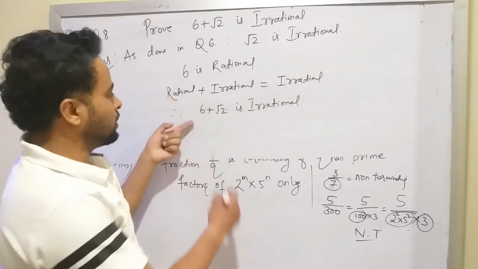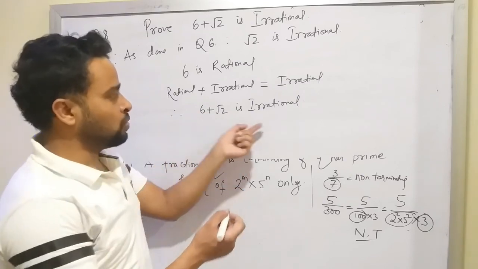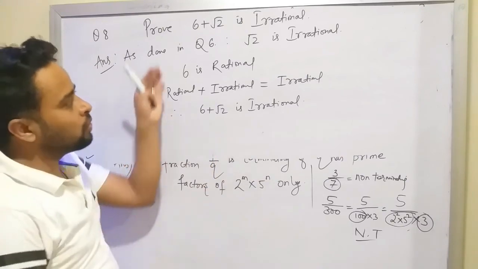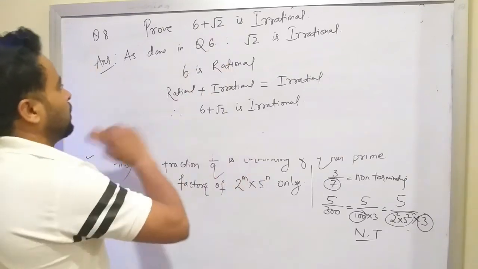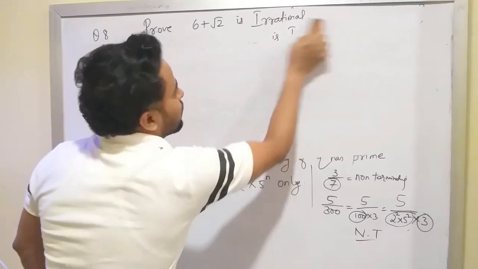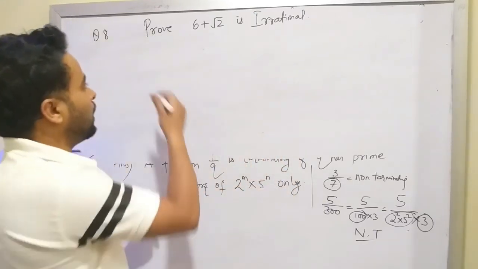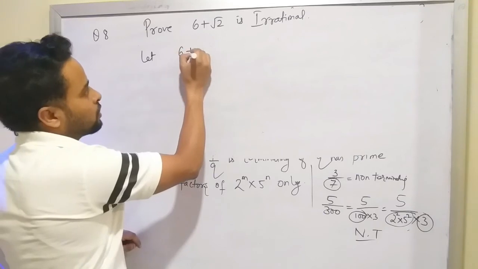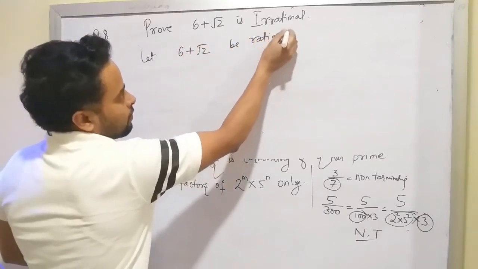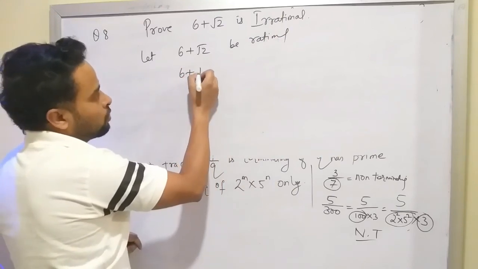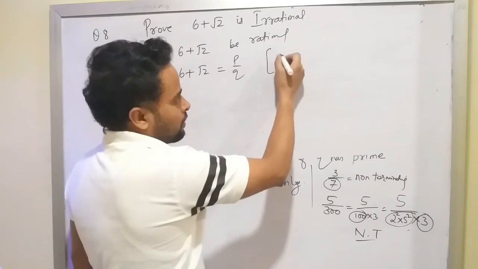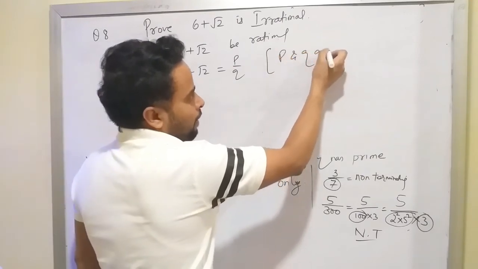So rational is 6, irrational is root 2, and 6 plus root 2 is irrational. Some of you may find it difficult to write the answer this way. I have one more method of solving it. Let 6 plus root 2 be rational. So 6 plus root 2 equals p by q, where p and q are primes.